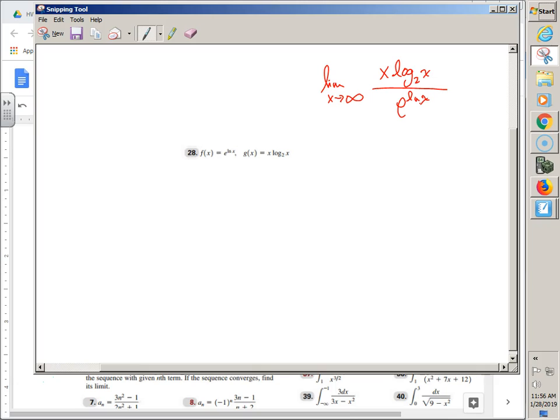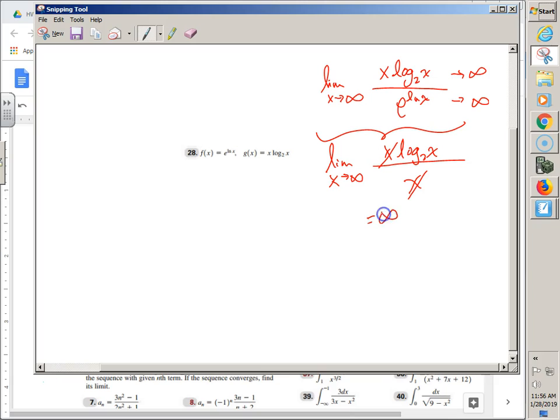Are we comparing? Faster, slower? Who'd you put on top? But just rewriting, because those are inverses of each other. Do you think about it? Because a log is a log is a log.